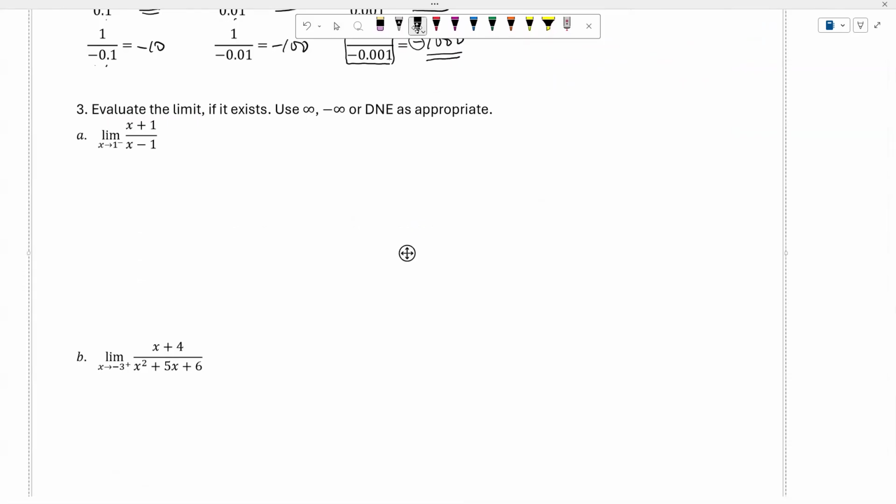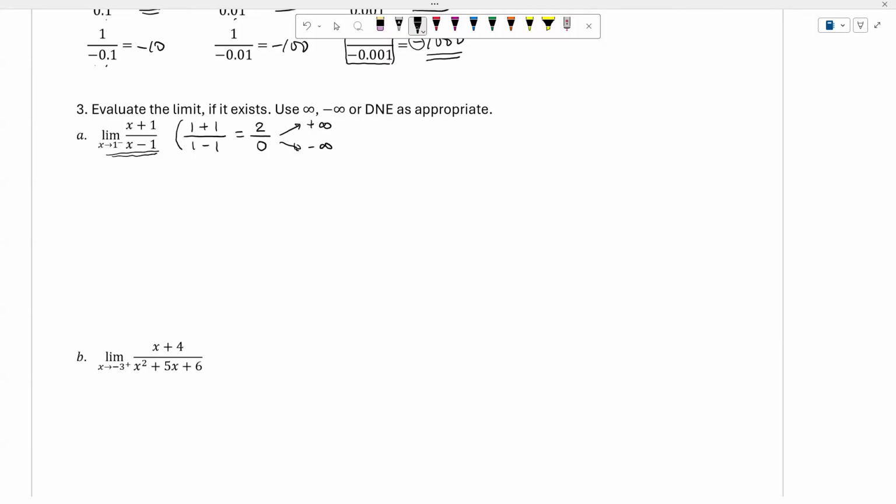So let's look at this example right here. We know that as x approaches 1, we have, again, direct substitution: 1 plus 1 over 1 minus 1. So now I have 2 divided by 0. Then I know that the answer to this limit is either positive infinity or negative infinity.